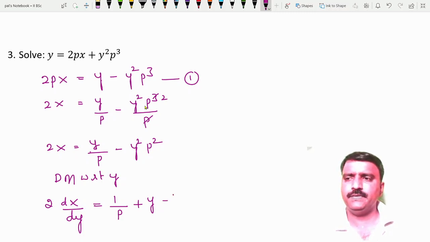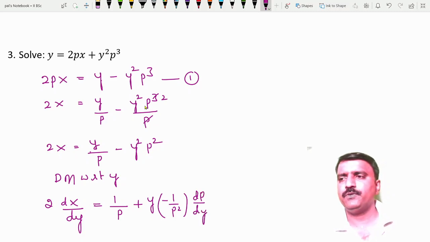Differentiation of 1 by p is minus 1 by p square into differentiation of p with respect to y, which is dp by dy. Okay, so again minus differentiation of y square is 2y into p square.